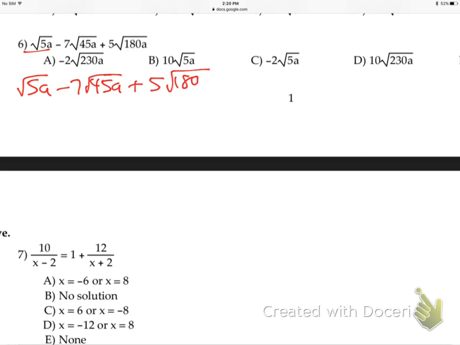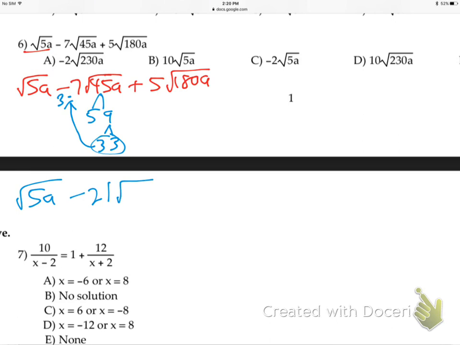And the 180 as well. Okay, so let's break some things down here. 45, 5 times 9. 3 times 3. 2 3's in, 1 3 out, multiplies that 7. So it's going to be root of 5a minus 21 root of 5a.